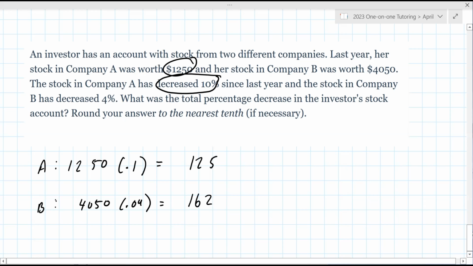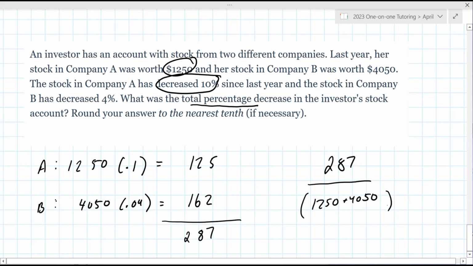Okay. So the total here is 287. That's the total amount of money that it went down. But we don't care about that. We want the percentage. So the percentage that it decreased is 287 out of the 1250 plus the 4050. Right.